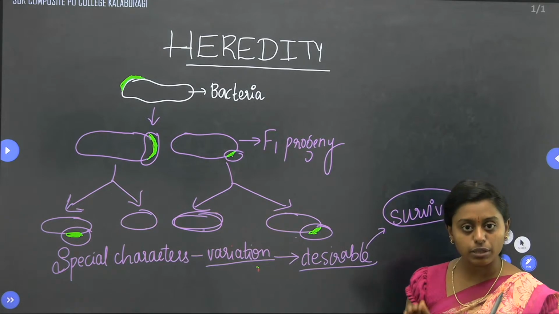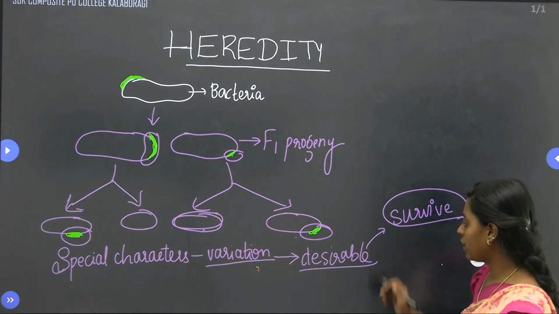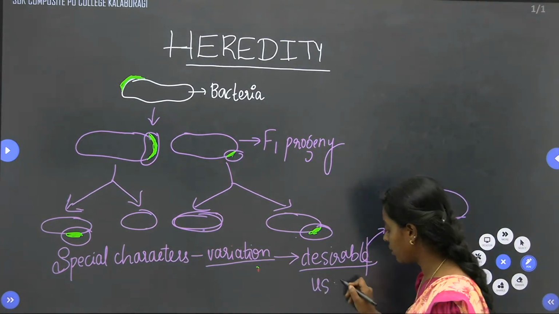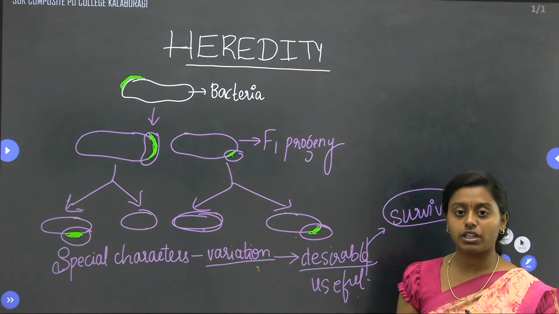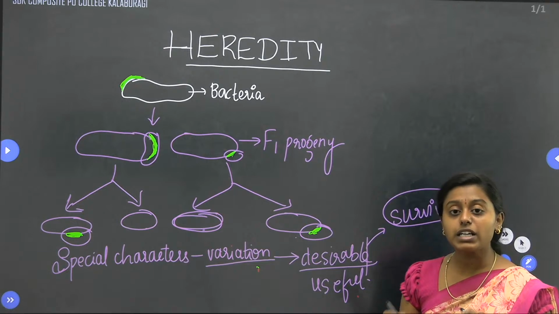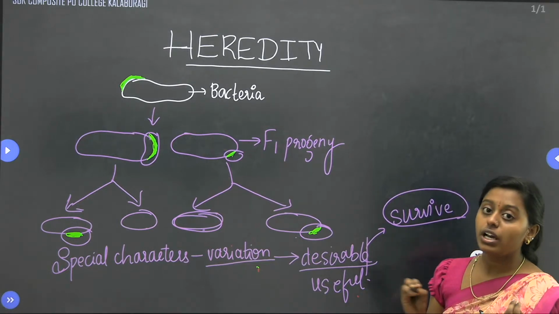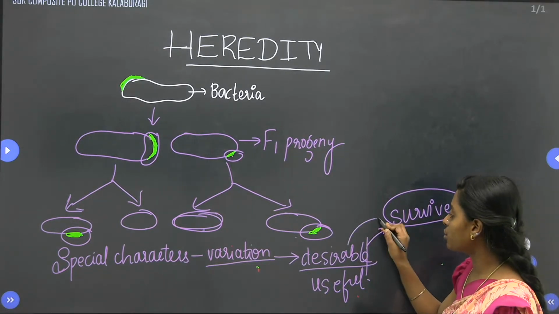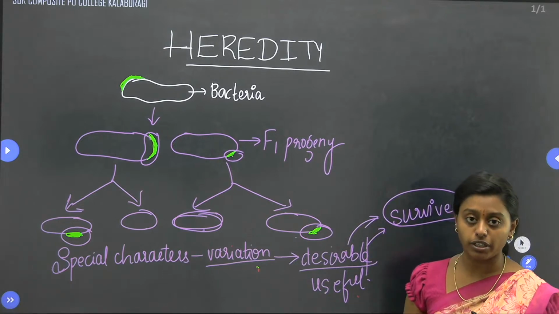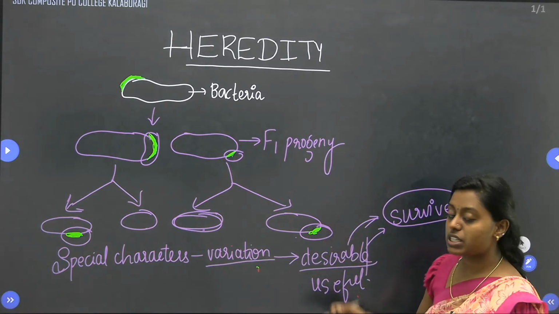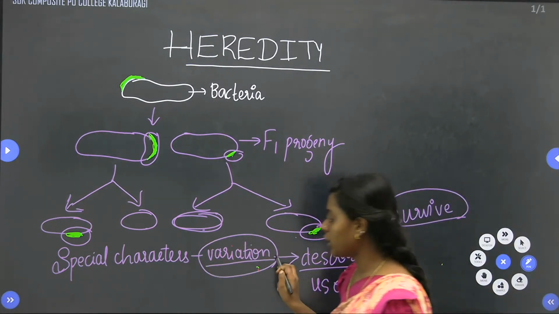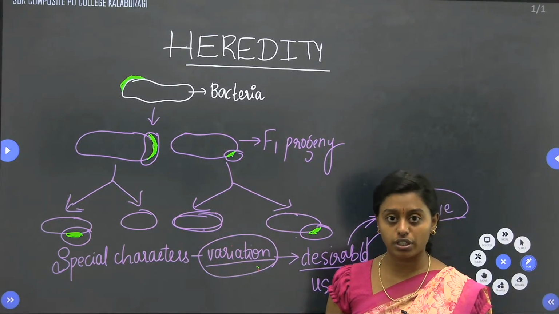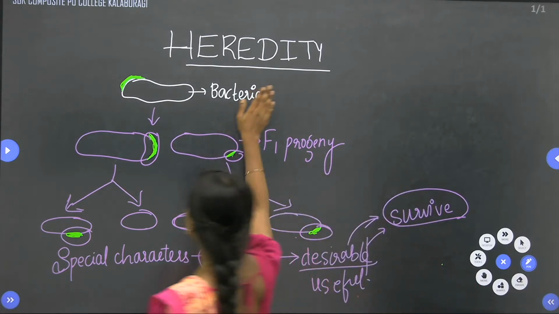If it is a desirable, useful character for an organism to survive in the particular environment, then that special character will help the organism to survive in the environment. That is what we can see during inheritance. That means variations are very important to be produced.